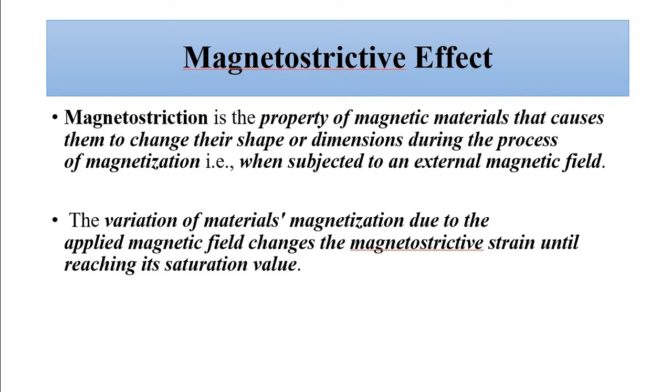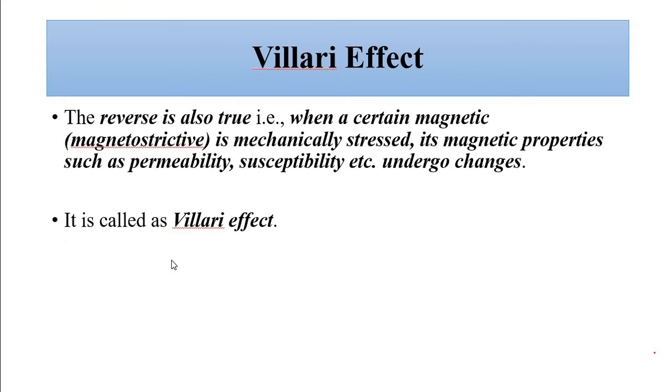The reverse effect is that when mechanical force, pressure or stress is applied, it causes a change in its magnetic characteristics. This Villari effect, or the reverse effect, is utilized in magnetostrictive sensors for physical parameter measurement, because the input is a physical parameter and the output is an electrical parameter, which we want.